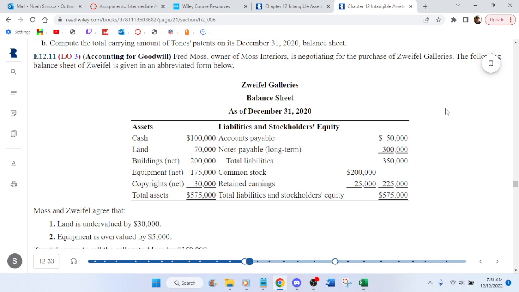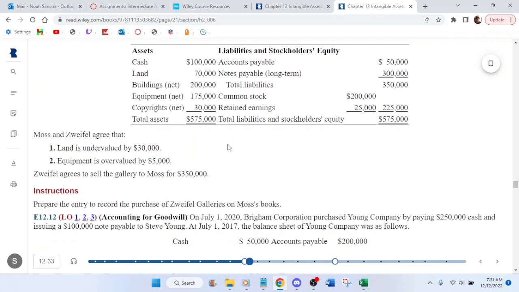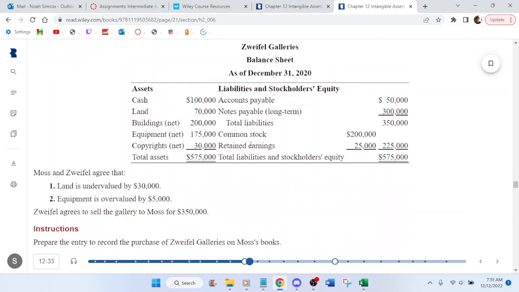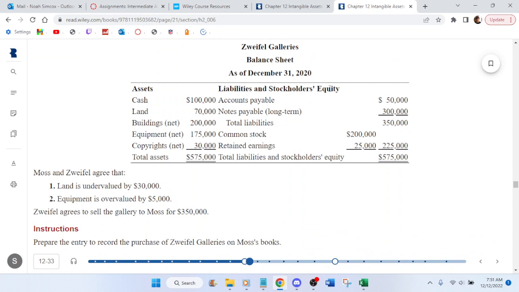We have all these balance sheets. Land is undervalued by 30,000. Equipment is overvalued. So they bought it for $350. So report everything the same except land.